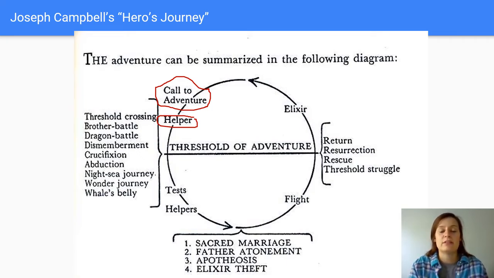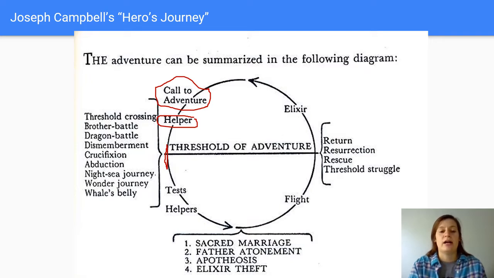And then we have this moment where we're in the real world, and then we cross over into this magical world where they've crossed the threshold of the adventure that they're supposed to go on, and then we really get into the action of the story. Okay, and of course we've got tests and helpers along the way.